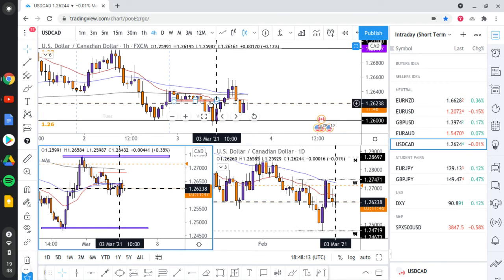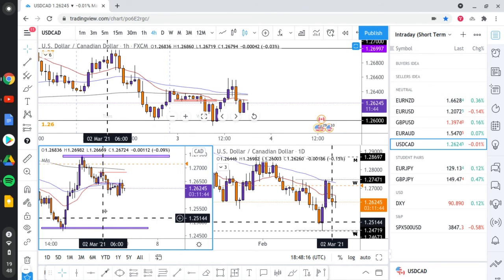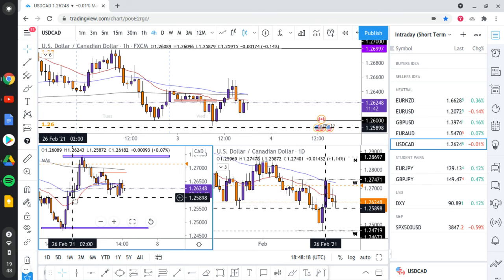And obviously after dollar CAD making the lows, I felt as if, well, it could have some kind of consolidation period or pullback, because it had taken out the lows of yesterday. We'd had a decent impulse for a couple of hours, and we'd made a new low in the 4 hour as well.